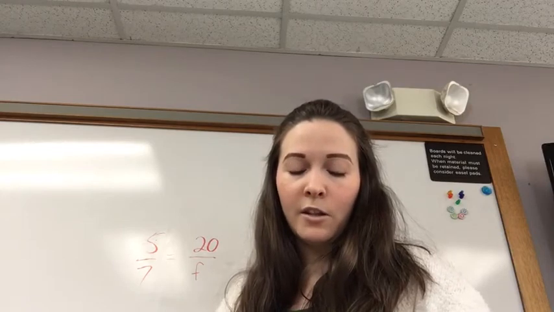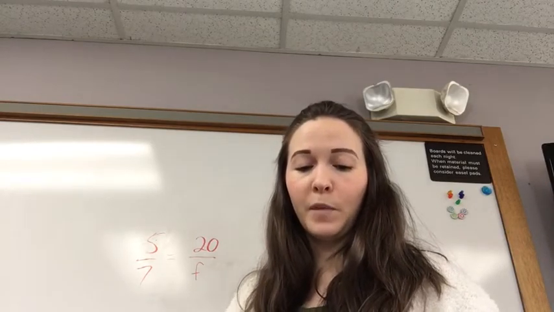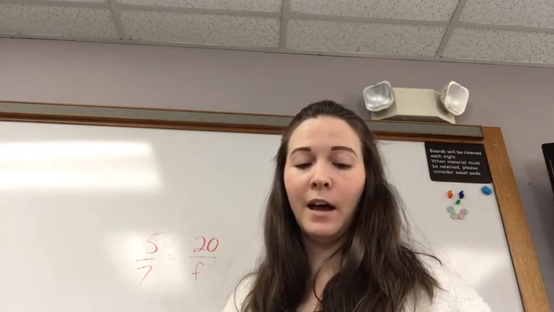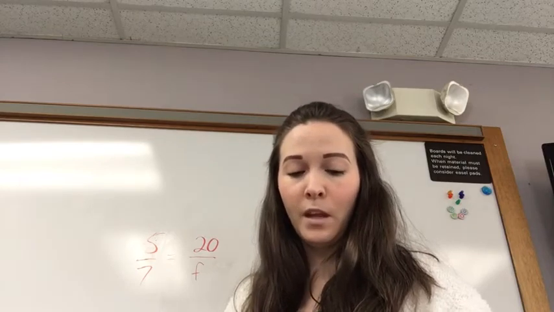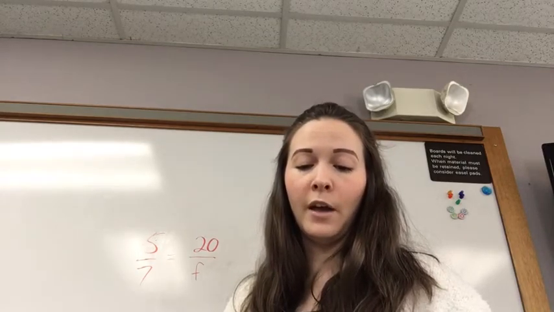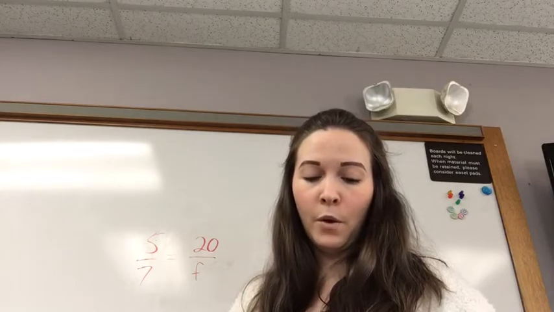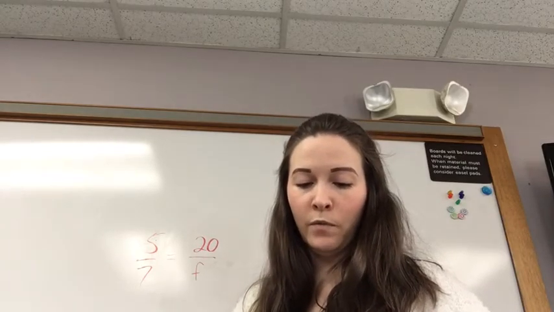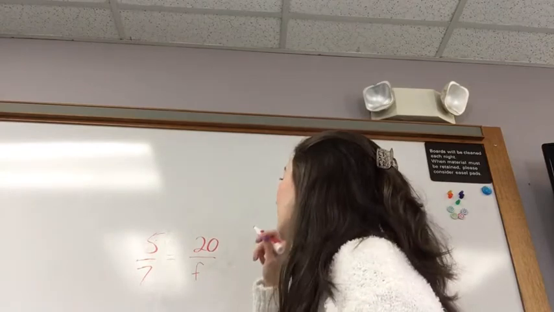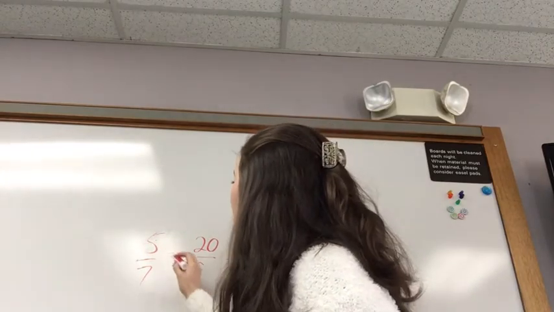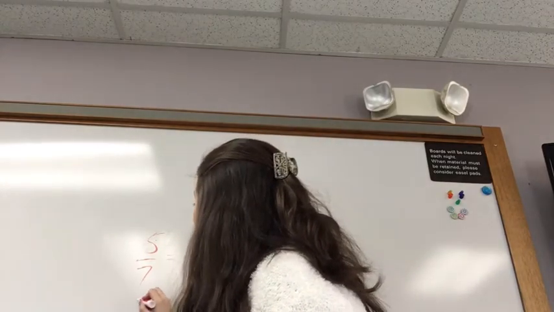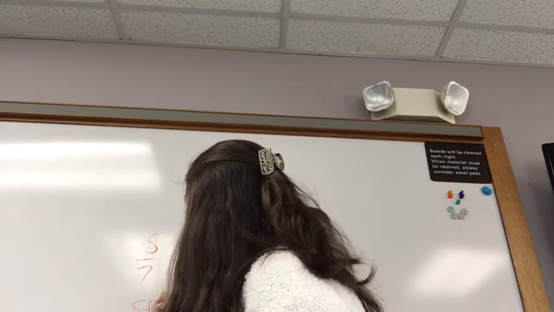And then we can solve the proportion in two ways. We can multiply 5 to 7 by 4 to 4, or we can use the cross products. Cross products is how we're going to solve this, since that's what we used yesterday. So using our cross products, we multiply 5 and F, and we get 5F.